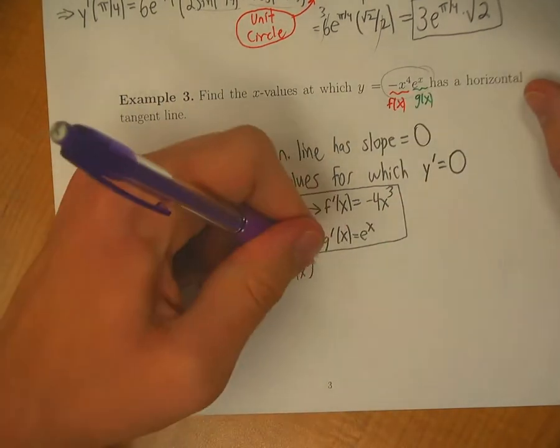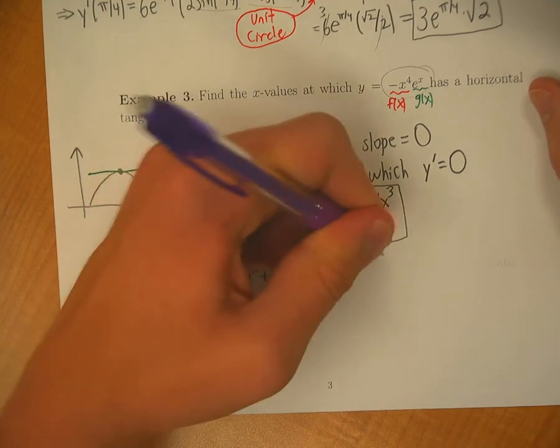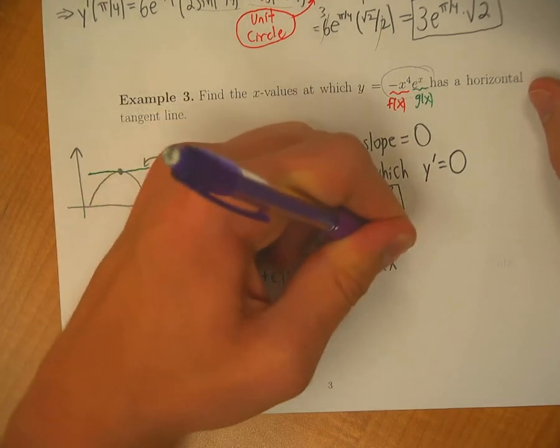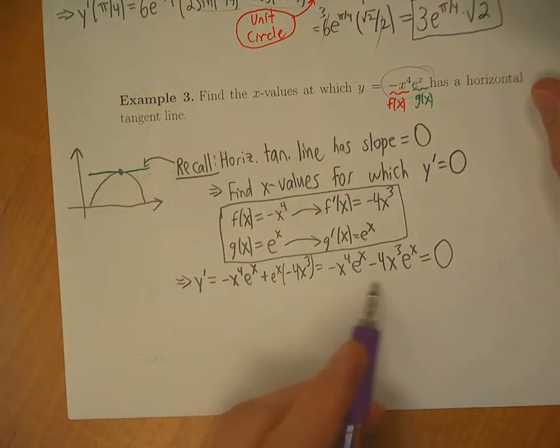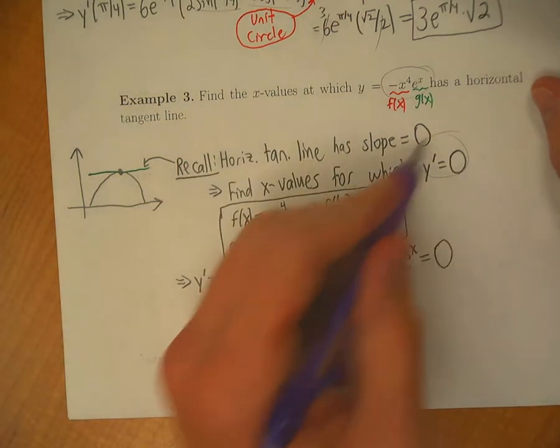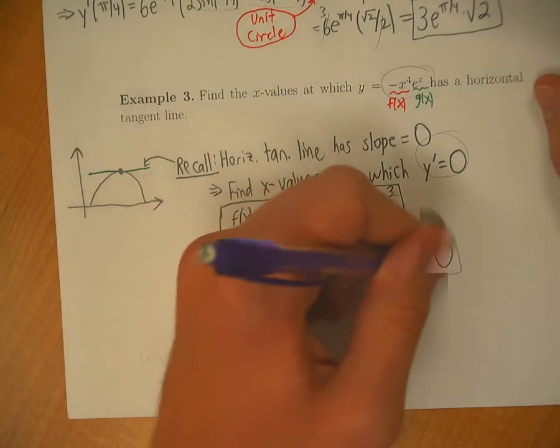Or put another way, negative x to the fourth e to the x minus 4x cubed e to the x. Now we set this equal to 0 because of our discussion earlier, so let's find the values of x that give us this equality.